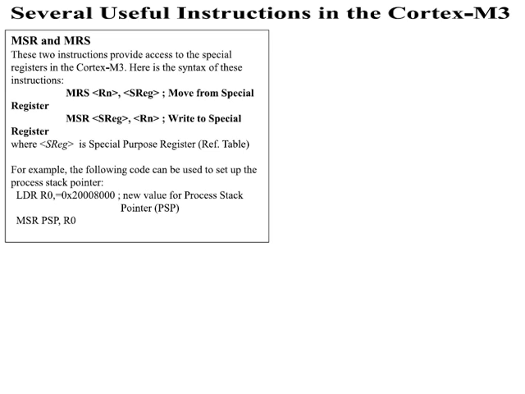MSR and MRS we already know. The MSR instruction is meant for the write operation. What can you write? You can write the content of a register to the special register.